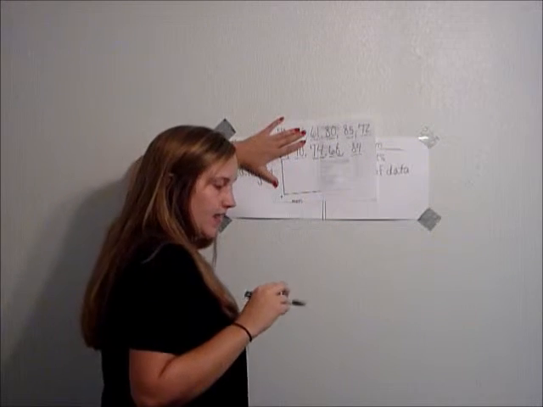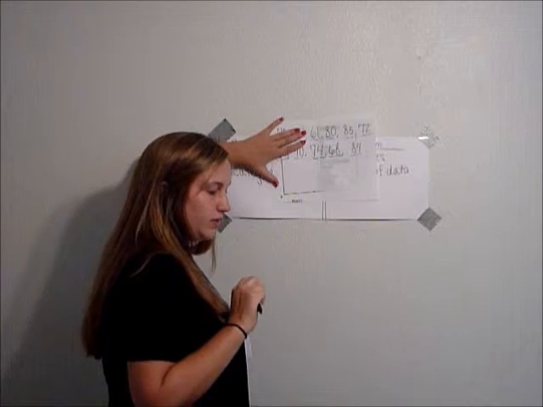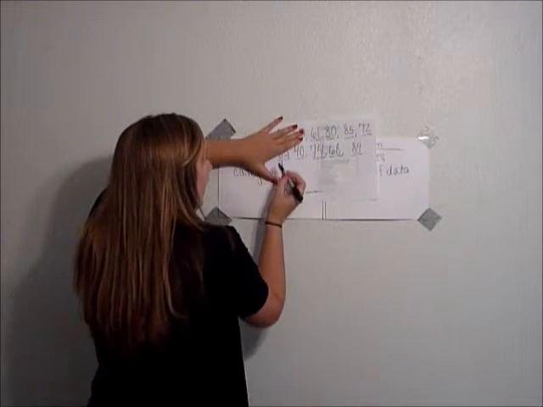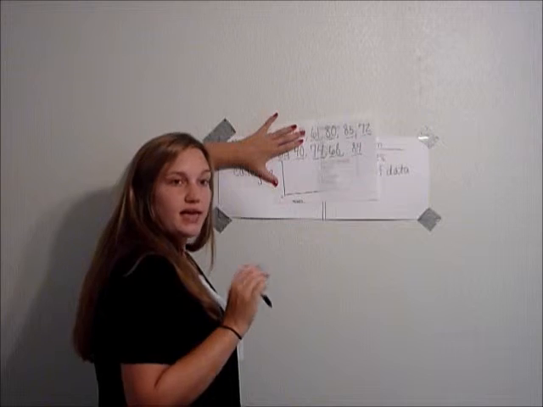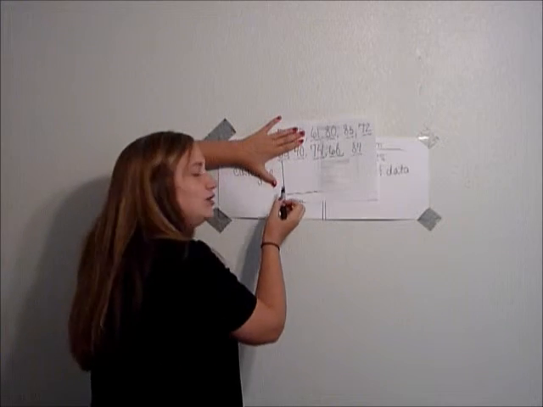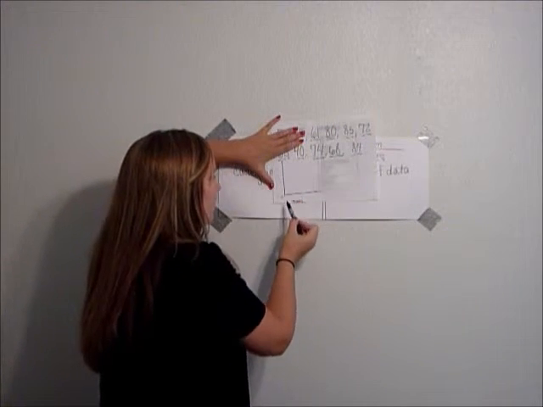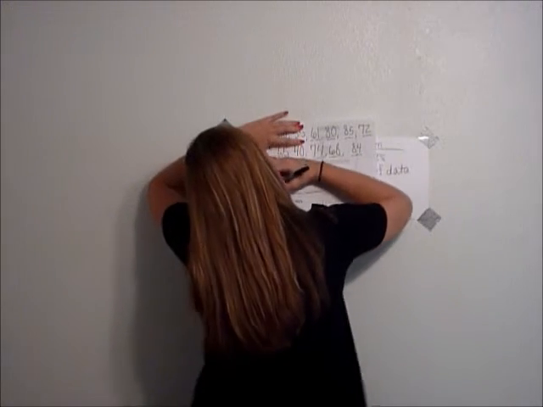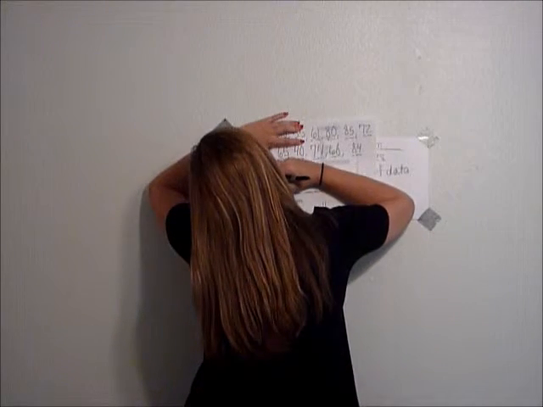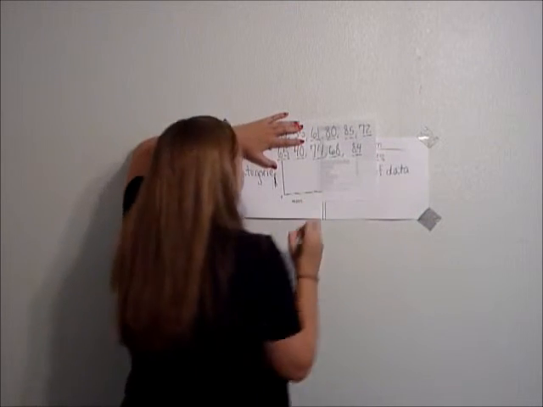Okay? And then what do we want to label the Y-axis as? Yes, we actually want to label it as students because we're going to count how many students actually made a certain score. So on the Y-axis, we put students. Okay?